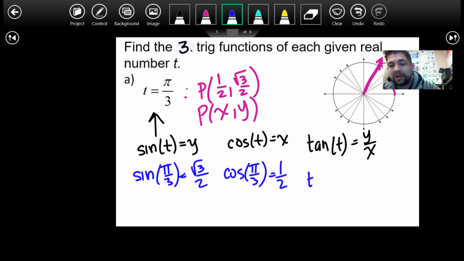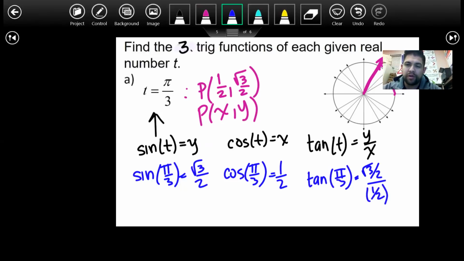So tangent of pi over 3 is simply going to give us radical 3 over 2 over the x value, 1/2, okay? In this case, if you plug this into your calculator, you should get radical 3. So our solutions for these are looking at the trig ratios in relation to the given t value. So these are what it's going to look like. These are the 3 trig functions for each given real number t.